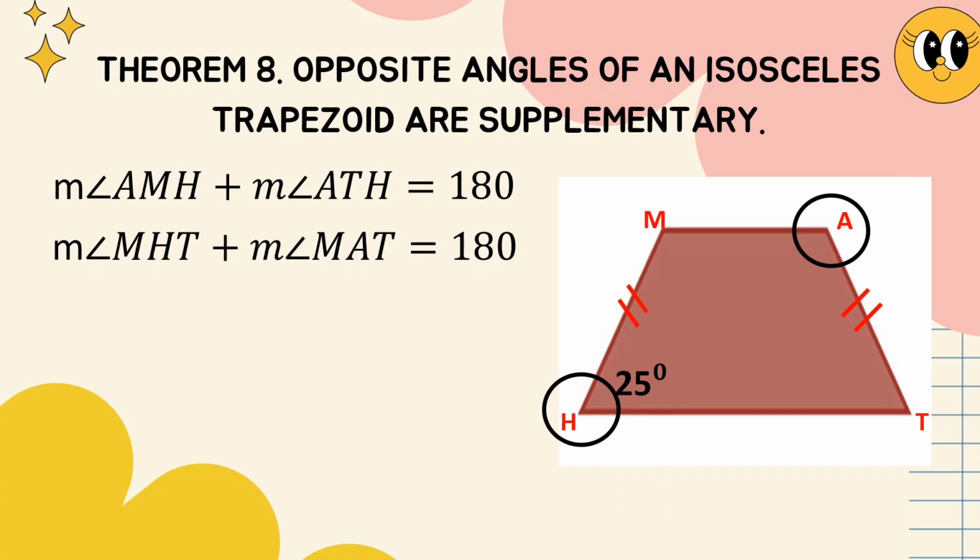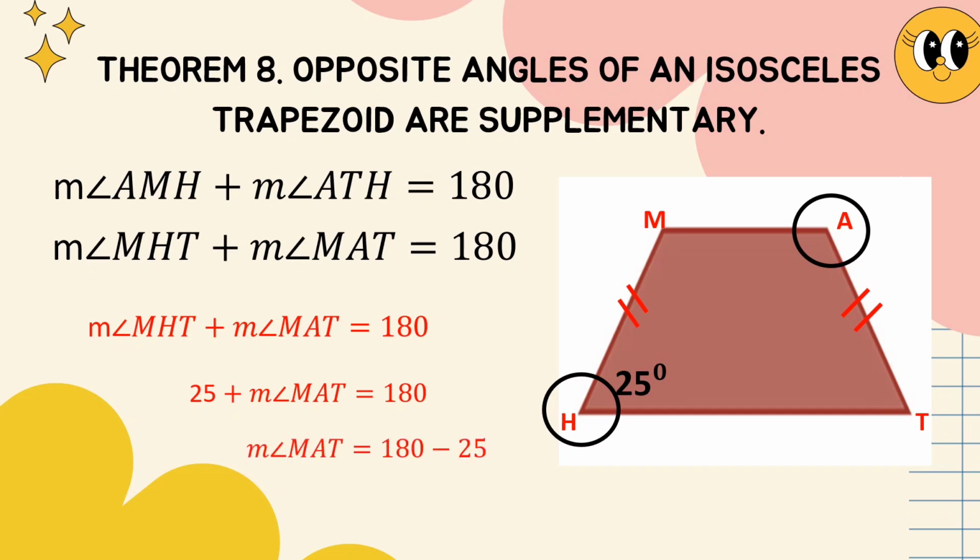If angle MHT is 25 degrees, then let us solve for angle MAT. Let us substitute the value of angle MHT, which is 25, plus the measure of angle MAT equals 180.